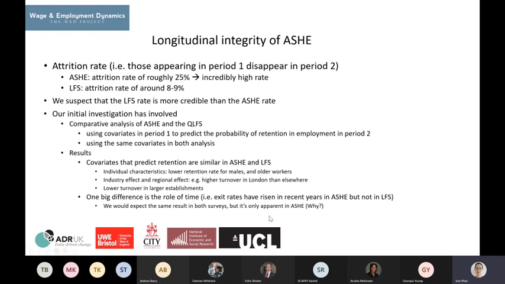This means that exit rates have risen in recent years in ASHE, but not in LFS. We thought we could expect the same result in both surveys, so why is it only apparent in ASHE but not LFS?